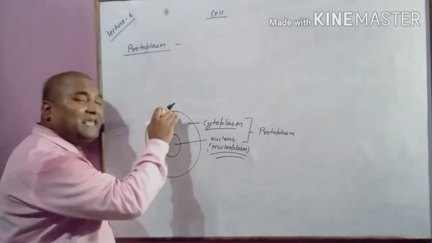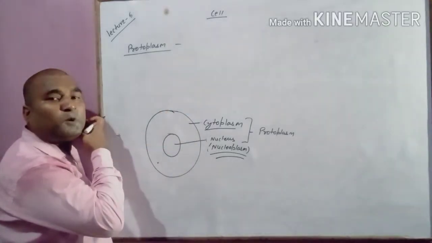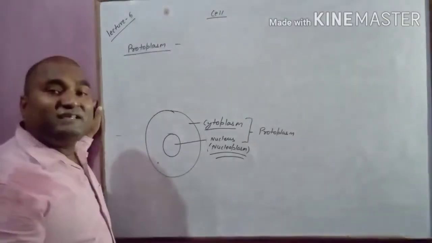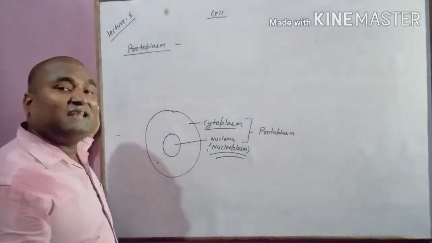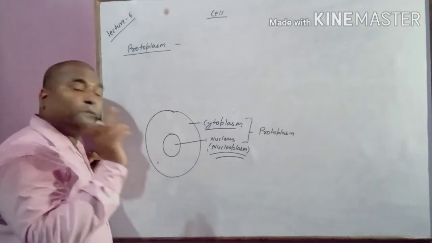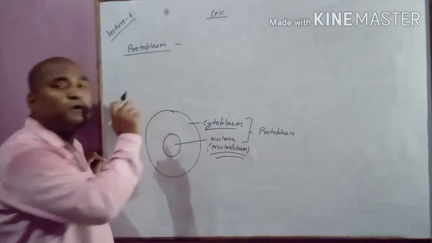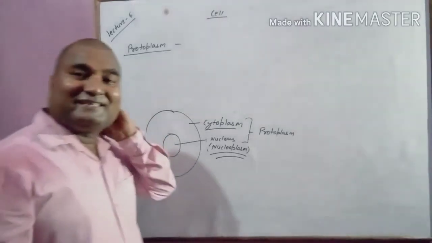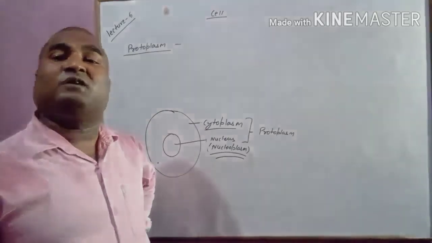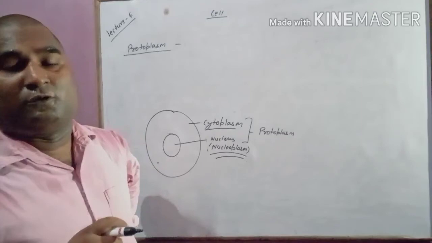What is protoplasm? Everything inside the cell membrane is called protoplasm, and it is the living component. So the living substance of a cell is called protoplasm. It includes the cytoplasm, and also the nuclear membrane and nucleoplasm. So cytoplasm and the nucleus together are called protoplasm. If I say nucleus, I am including nucleoplasm also.